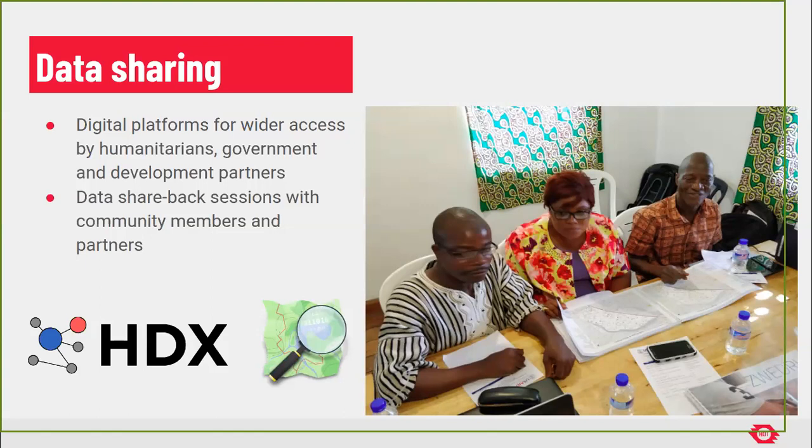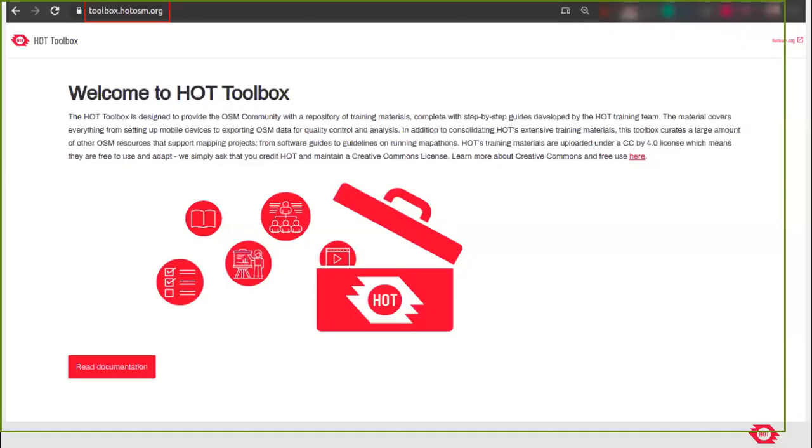Maybe you may make wall maps that will be pinned on the offices of the local authorities, notice boards, or that will be sitting in the rooms of those different authorities at any one point. So you can organize those share back sessions and get everyone to receive the data that you've cleaned and the products that you've worked with and produced.